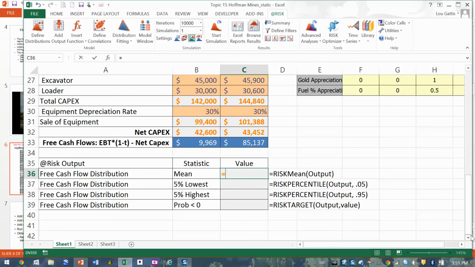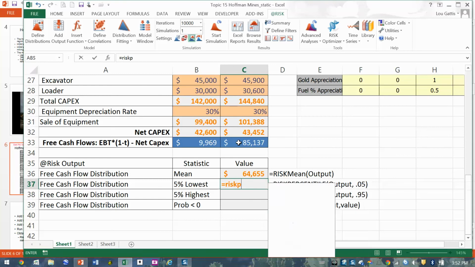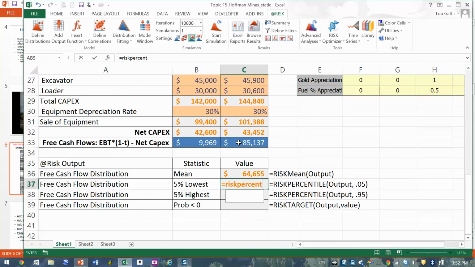So I can say equals risk mean. Click on the output, and that'll give me the mean of that 65,000. I can say risk percentile. Click on the output, comma 0.05. That'll give me the 5% lowest.